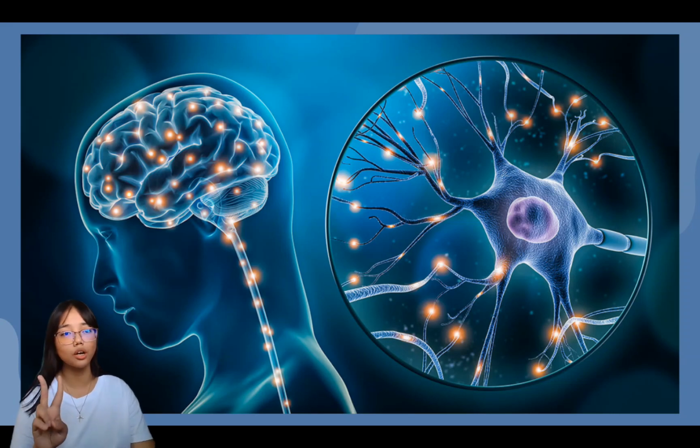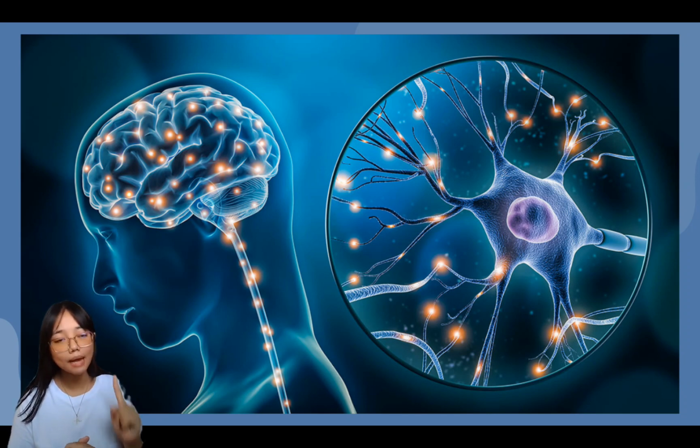So, two neurons that are connected are said to form a synapse. At the synapse, one neuron, the presynaptic neuron, sends an electrical signal or action potential to the other neuron, the postsynaptic neuron. This signal is transmitted across the synapse via chemical messengers called neurotransmitters.